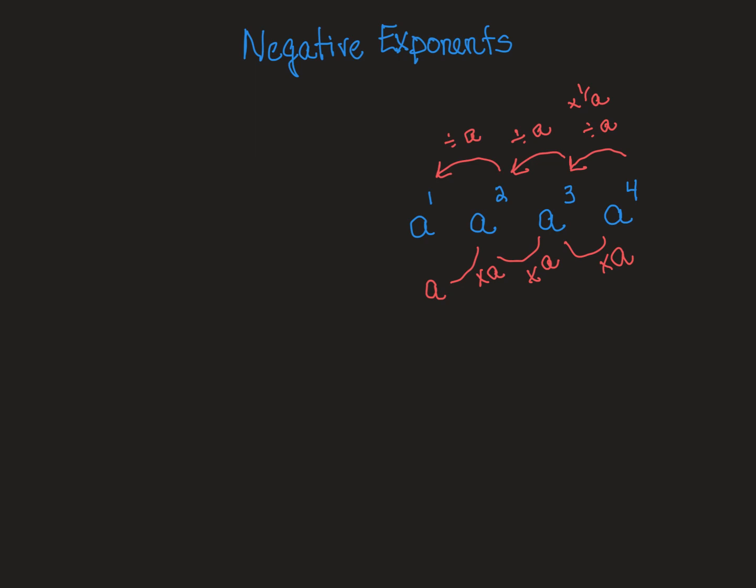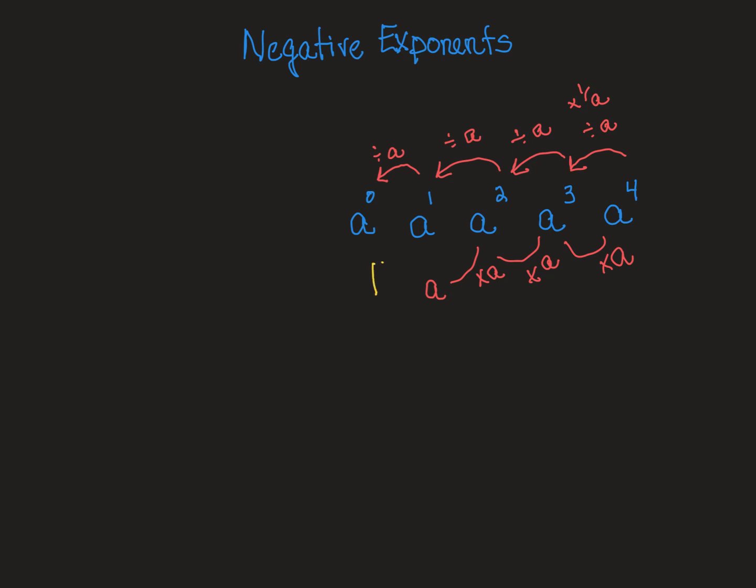So they said, well, what about a to the 0 power? Well, a to the 0 power, if I follow this process, I'm dividing here. I'm saying a divided by a. So a divided by a is 1. Okay?